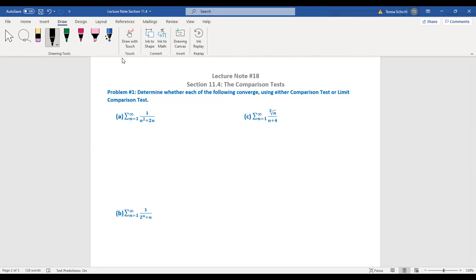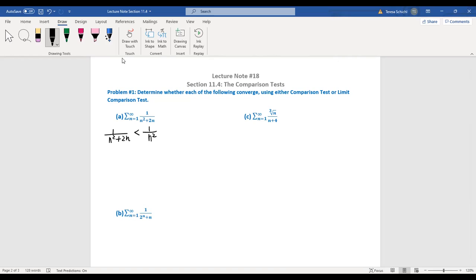Let's take a look: 1 over n squared plus 2n. Remember we have a p-series, a geometric series, and a harmonic series we can use. This one is definitely less than 1 over n squared, because the denominator is bigger.